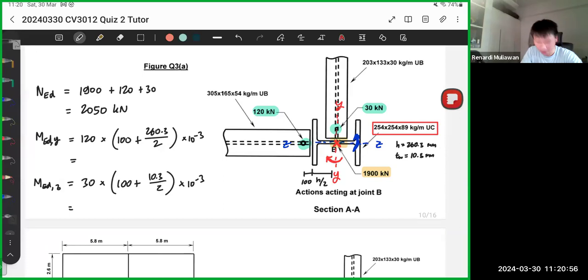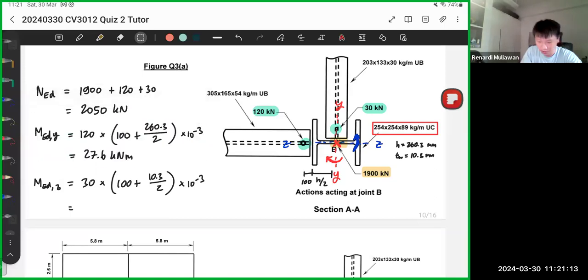Okay, so just find the values. 260.3 divided by 2 divided by 1,000, you will get 27.6. And for the other direction, you will get 3.15. So it's a very small value, but it's normal.